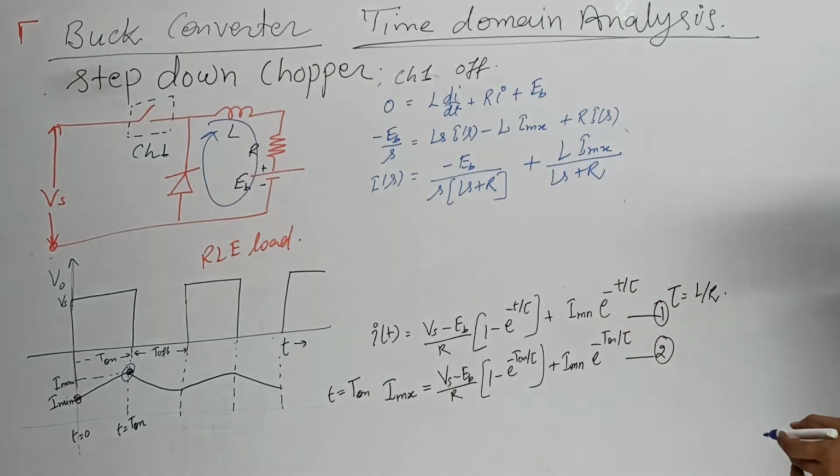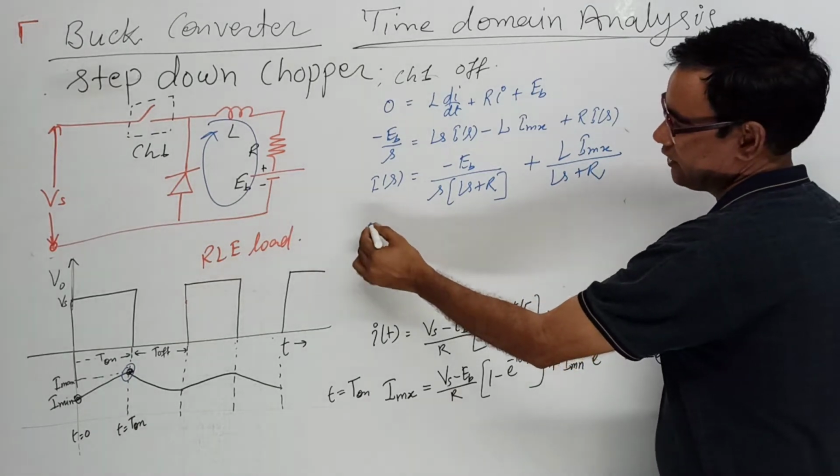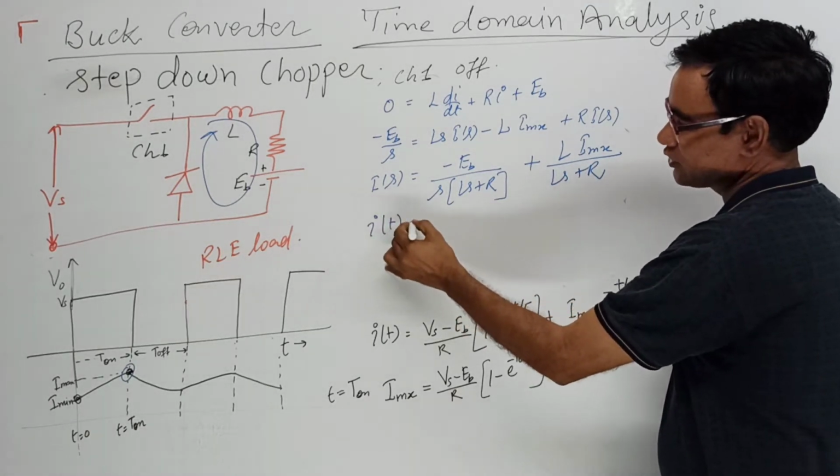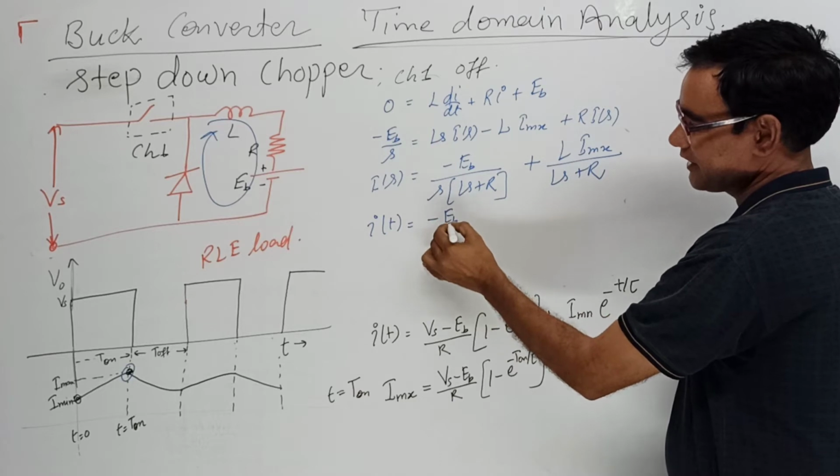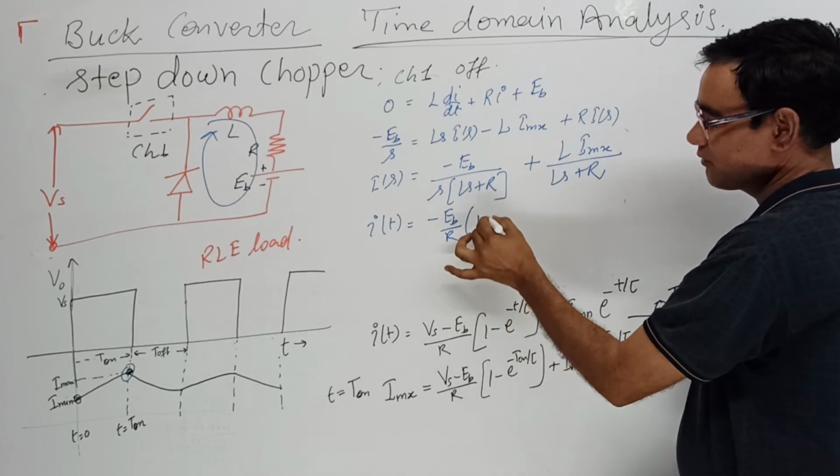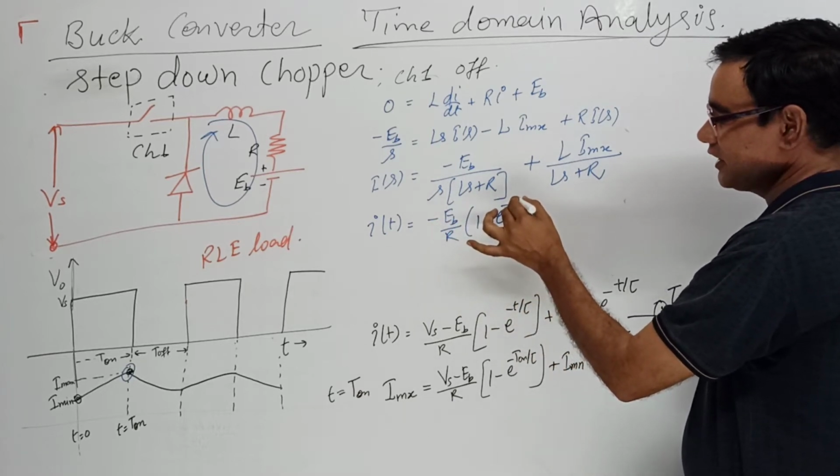You know, they will simplify. The value comes out: I(t') is equal to minus Eb divided by R times (1 minus e raised to power minus t' upon tau) plus I max e raised to power minus t' upon tau.